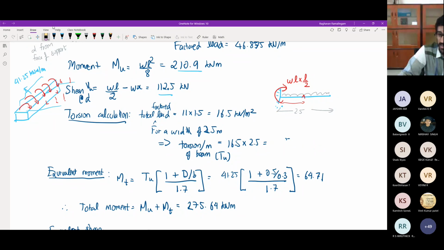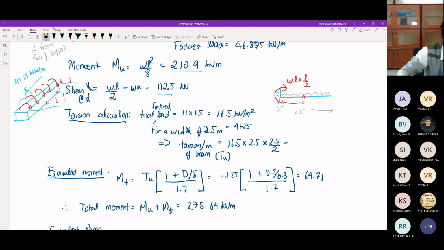It's basically the cantilever moment formula, nothing else. WL is only shear. WL into L by 2 only will give you the moment, WL square by 2. So for this it will be 41.25, for this it will be another value.